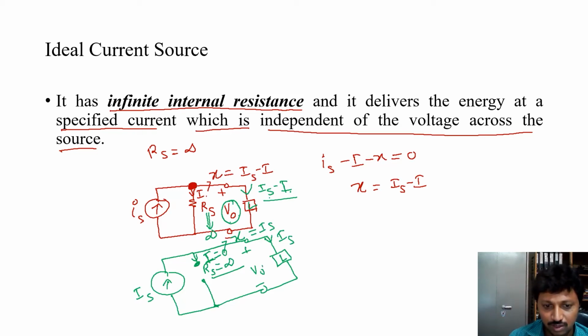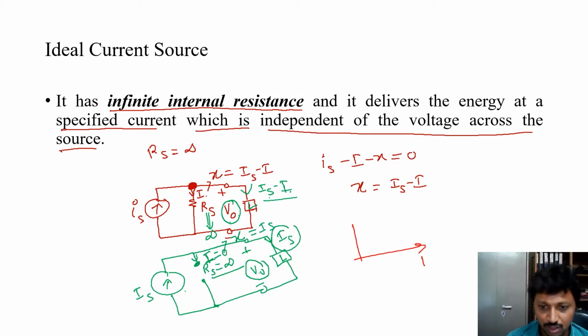Here this is V0, and this V0 is across the source. So this Is is independent of the voltage across the source. V0 may change, but Is will not change. Is is a constant. You see the graph here, for an ideal current source.